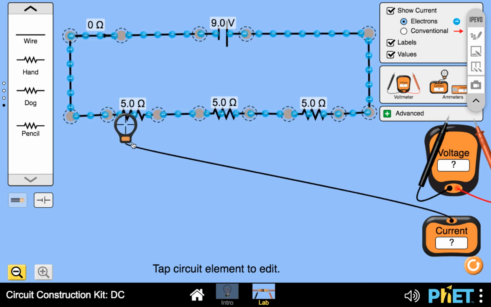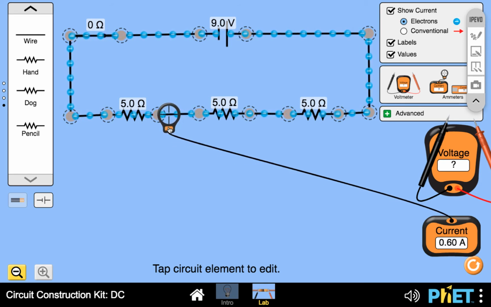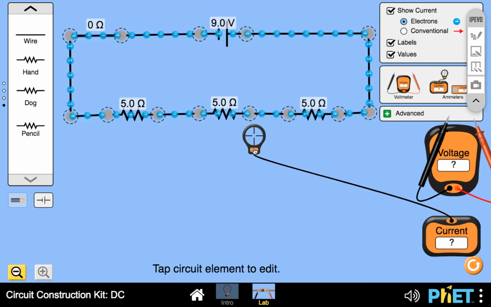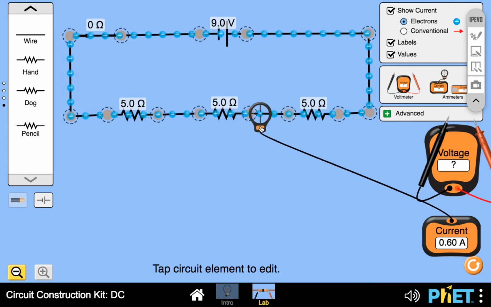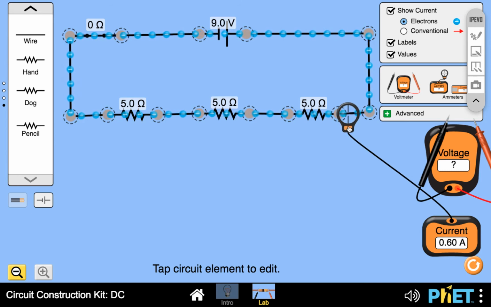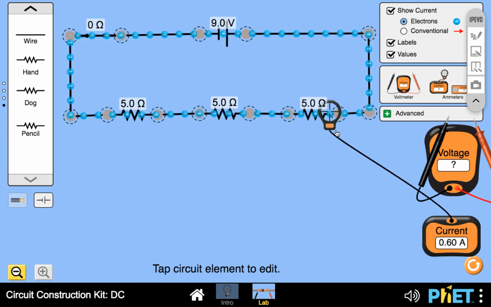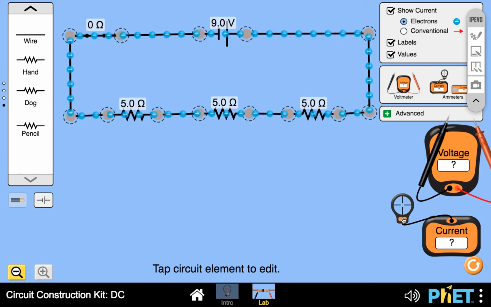Let's check when it passes through the first resistor, it's still 0.6, and when it passes the second resistor, it's still 0.6, and then when it passes the third resistor, it's still 0.6. And even if we measure up there, our current is still 0.6. So you can see the current throughout this electric circuit is 0.6.